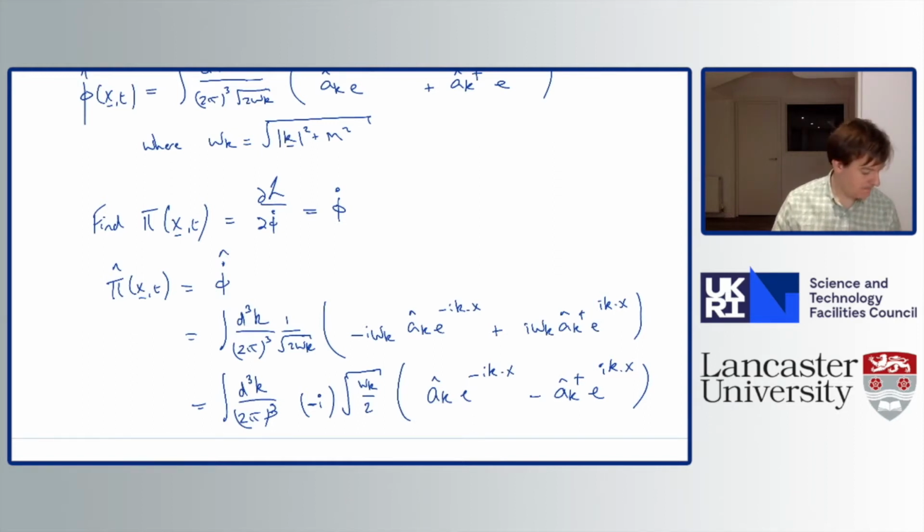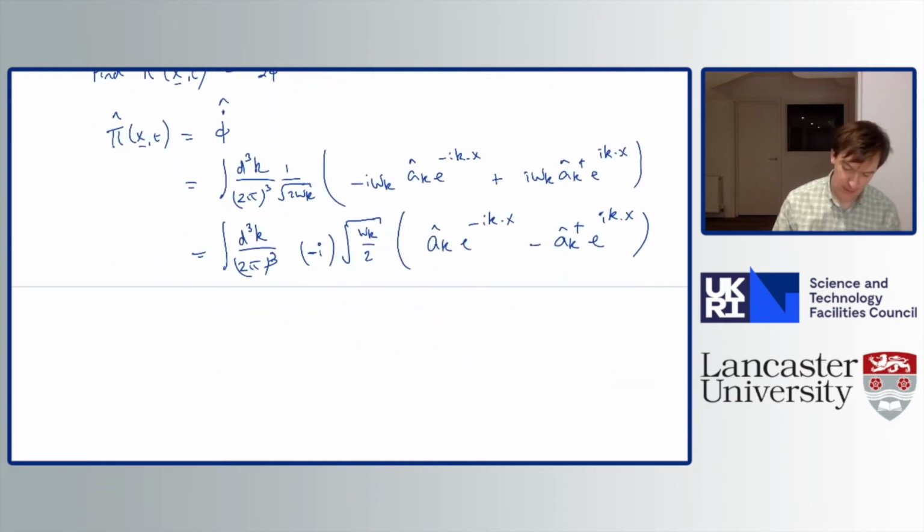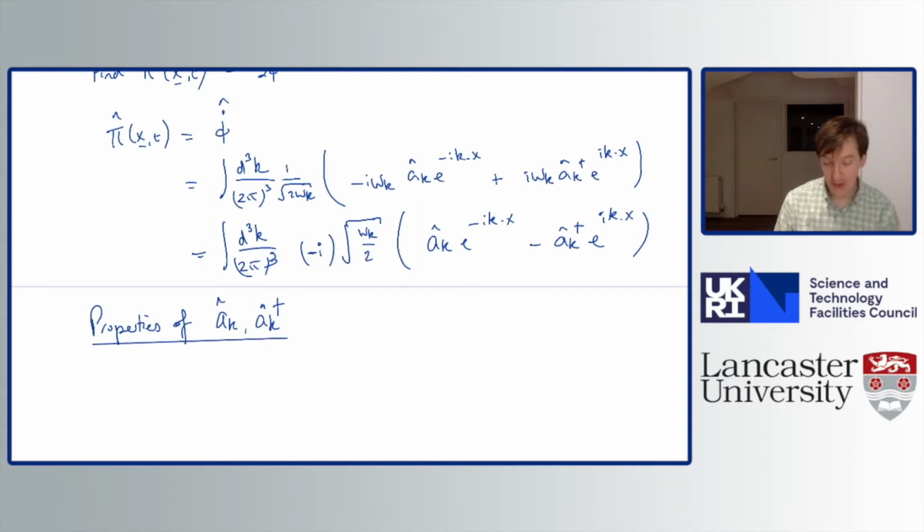So next, we want to consider the properties of our raising and lowering operators a little bit further. One thing we know is what the commutation relations are for the pi and the phi fields: phi with phi, pi with pi, and phi with pi, and pi with phi.